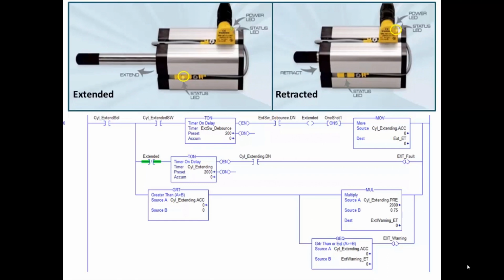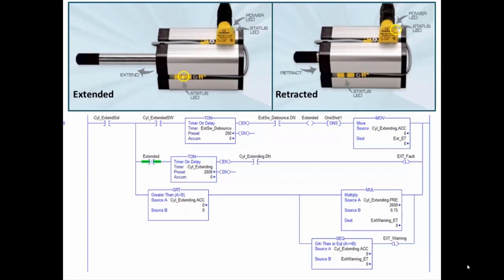If extended is not true yet, we drop down to the second branch. If we have not extended yet, then we start a 2-second timer. Now 2 seconds is based on one particular application. So this cylinder extending timer on delay should have a preset value that's at least 150%, if not 200%, of the time it takes for that cylinder to extend when the system was commissioned.